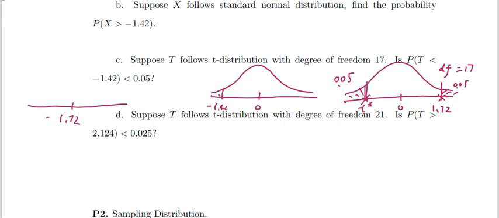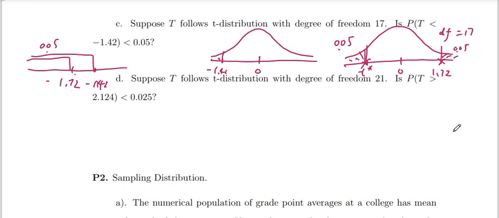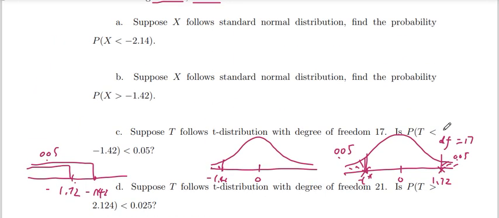So what does this mean? This means this is 0.005, and our cutoff point is here, negative 1.42. So we say negative 1.42 has a probability larger than 0.005, right? So this is just checking a table.